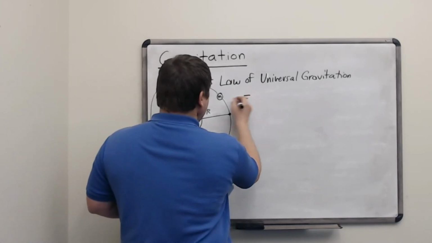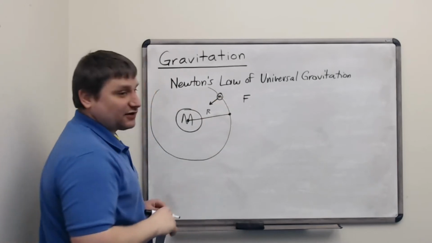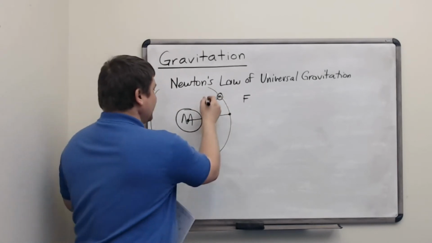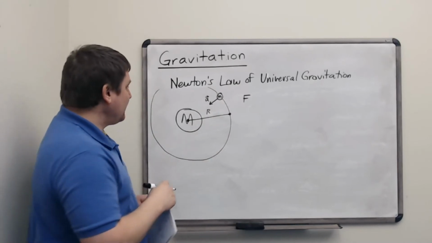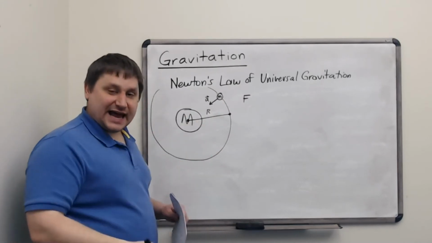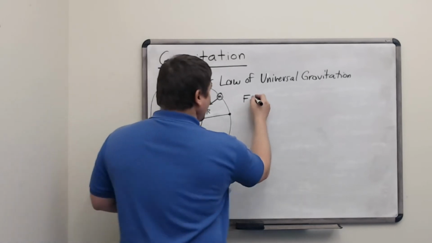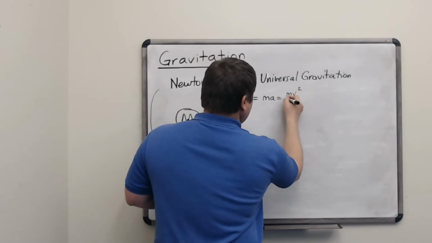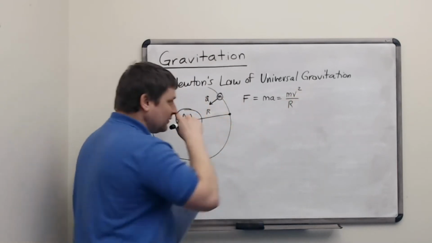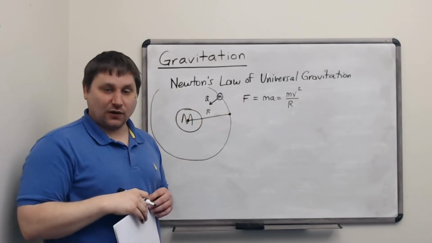We know that an object moving in a circular trajectory undergoes an acceleration. Otherwise, it would move in a straight line. Therefore, it must be under the influence of a net force. This net force we've worked with before. It's equal to the mass times the velocity squared over the radius of the circle.